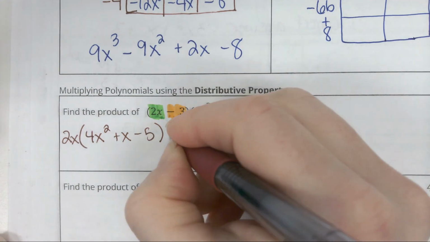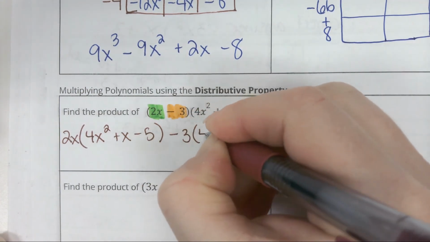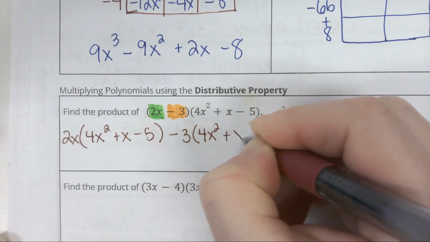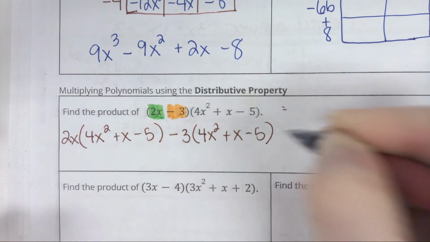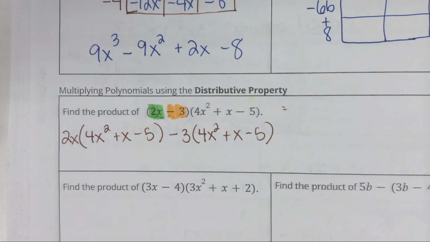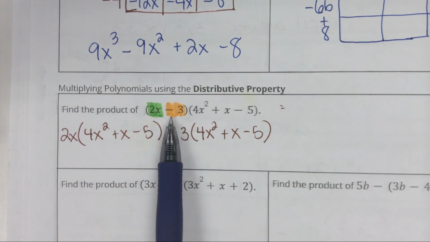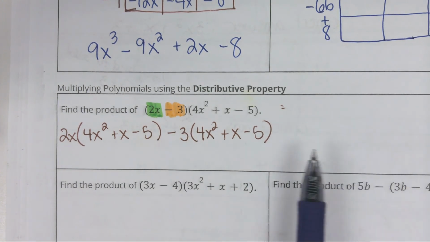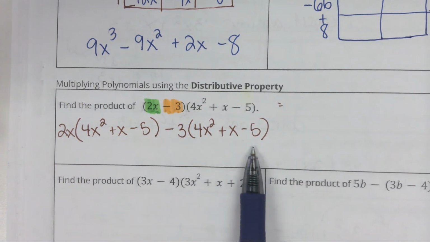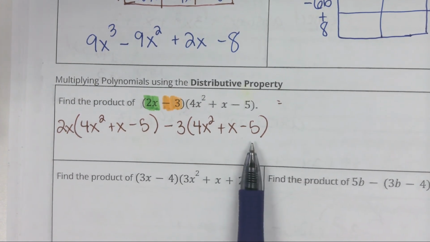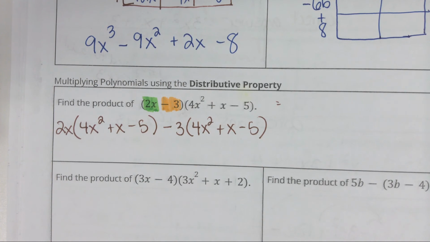So -3 times 4x squared plus x minus 5. That's the idea of it, that you're just making sure you distribute all the things. If there was a third number, I'd add a third thing times the second parentheses. All right, and then we just do distributive property.